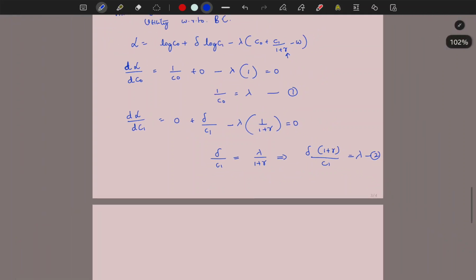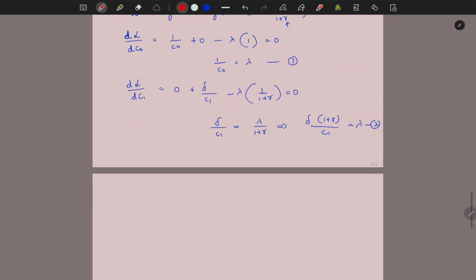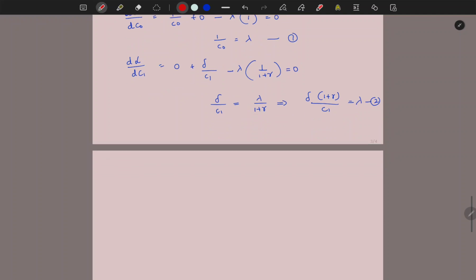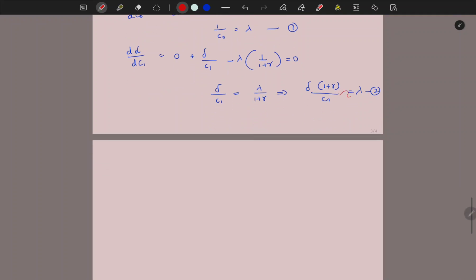Now how can we use these equations? We can use them to find C0 and C1. I can equate lambda from the first with the second: 1 by C0 equals delta times 1 plus R divided by C1.